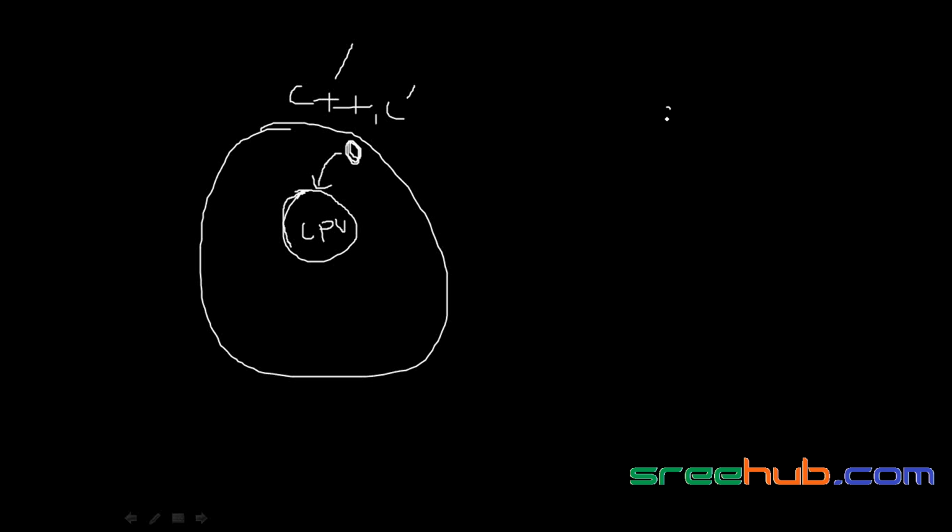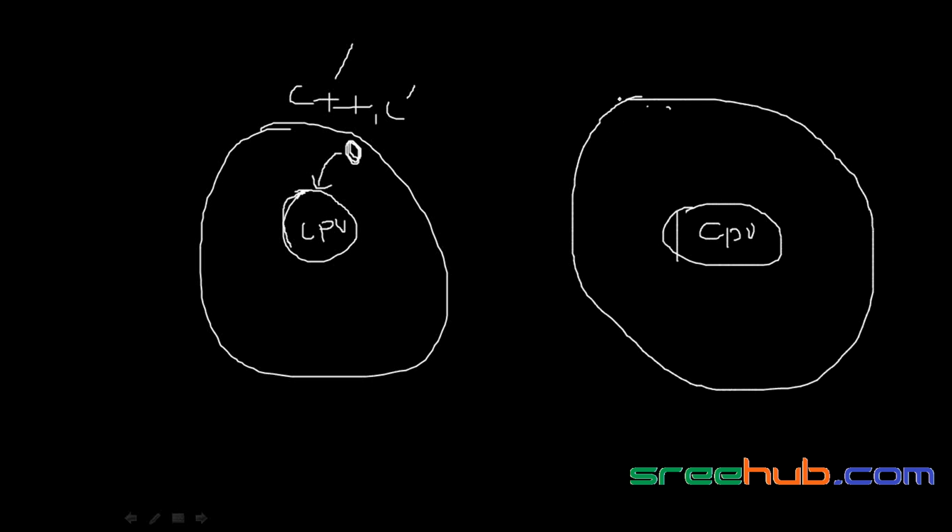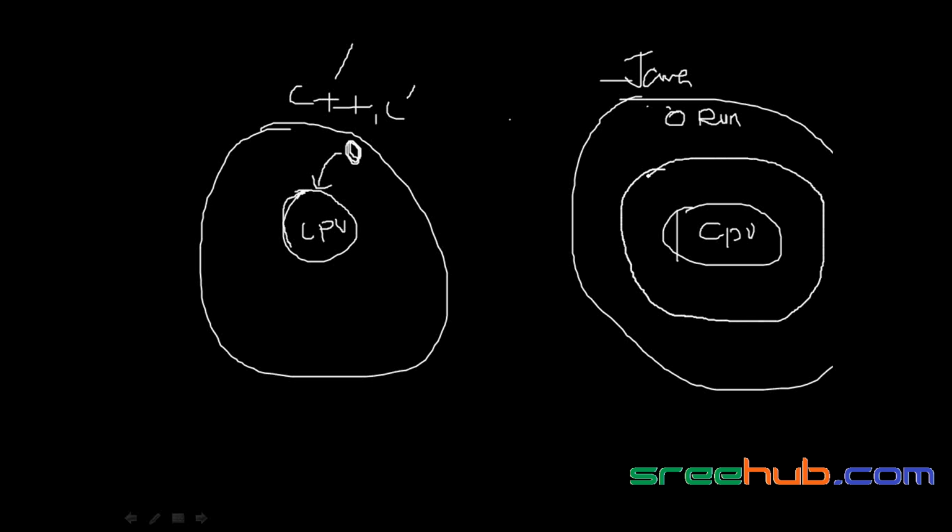But in case of Java, let us say this is the CPU again, and this is the program written in Java. Now, if you want to run this program, it doesn't depend on the CPU, because on top of the CPU we have created one more layer called JVM.